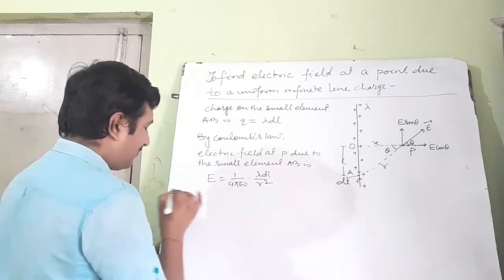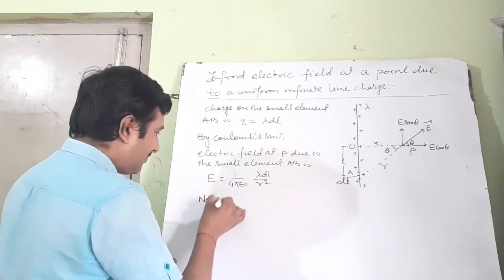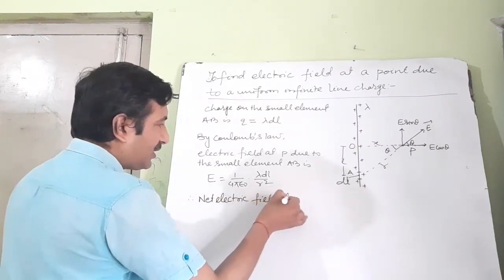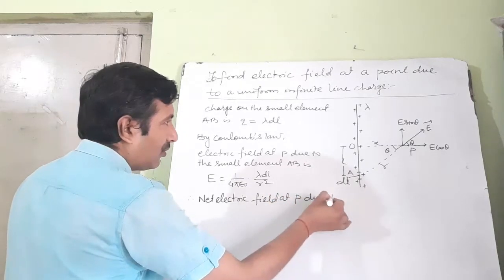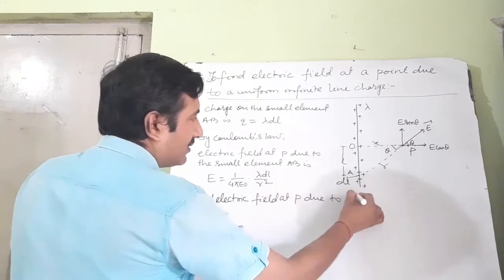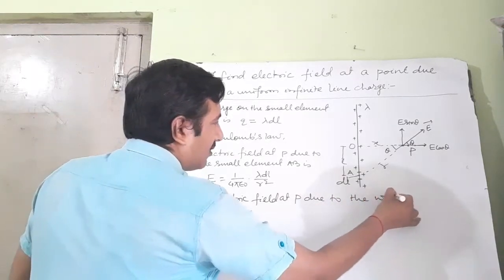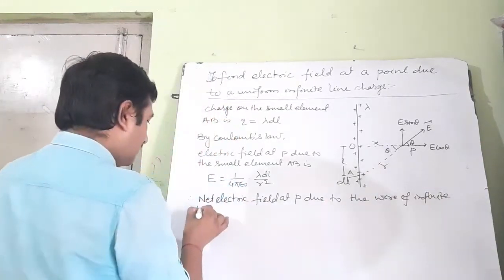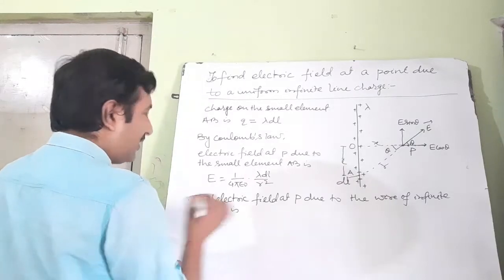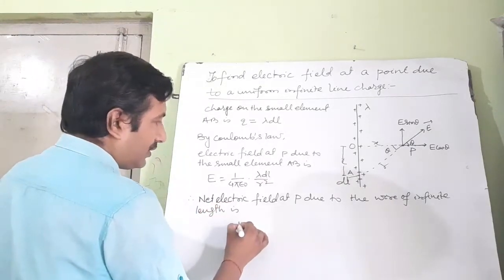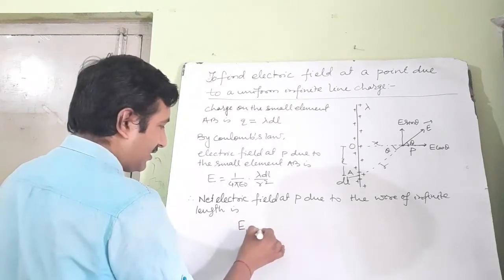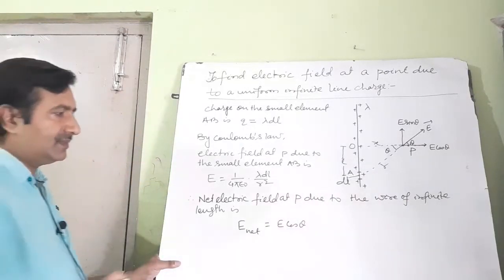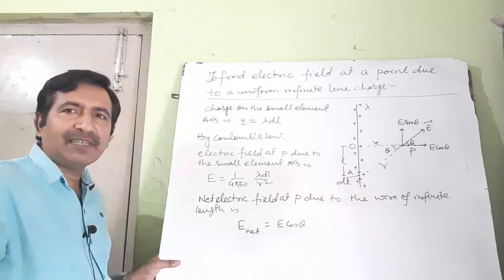So therefore the net electric field at P due to the wire of infinite length is, you see, E net is equal to E cos theta, and that will be integrated.